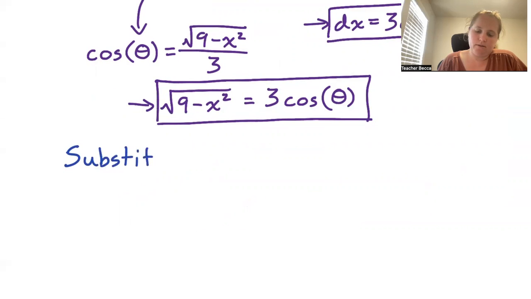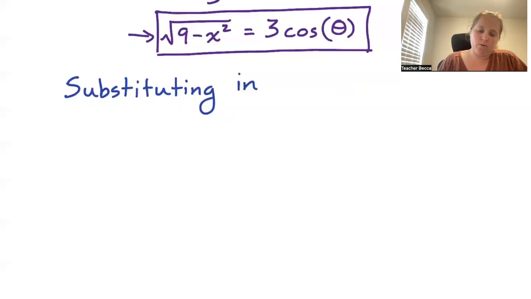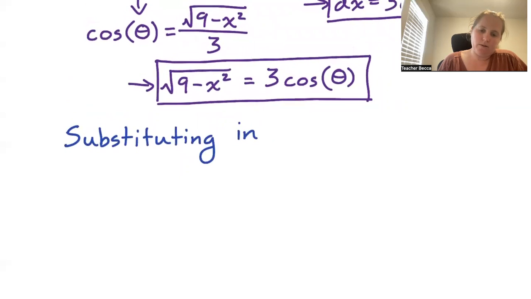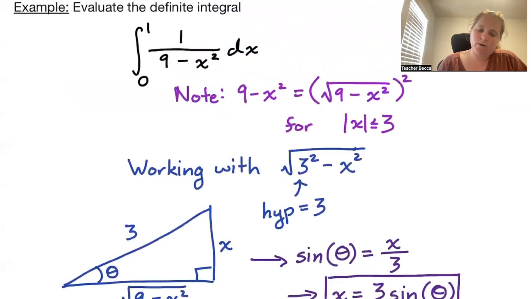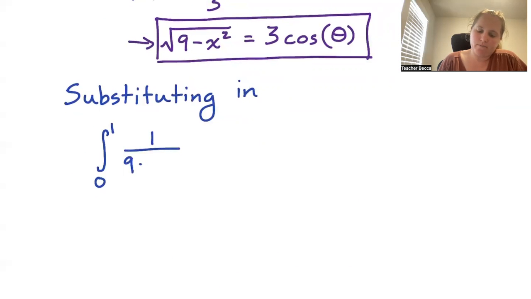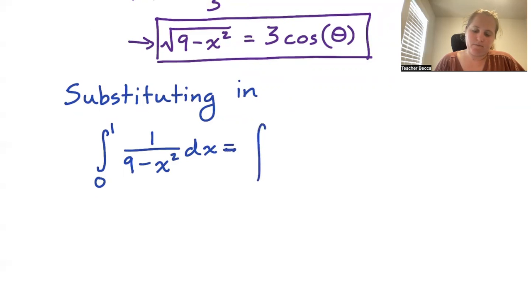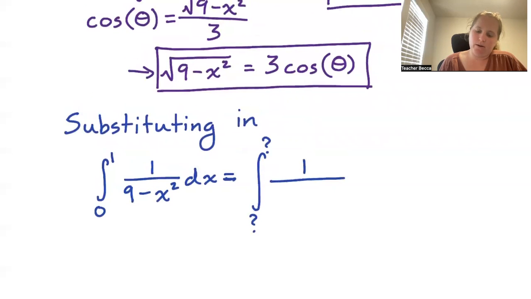So substituting in, we are looking at the integral from 0 to 1, 1 over 9 minus x squared dx, is equal to the integral from something to something of 1 over 9 minus x squared, which is 3 cosine of theta as the square root, so that whole thing squared will give us 9 minus x squared.